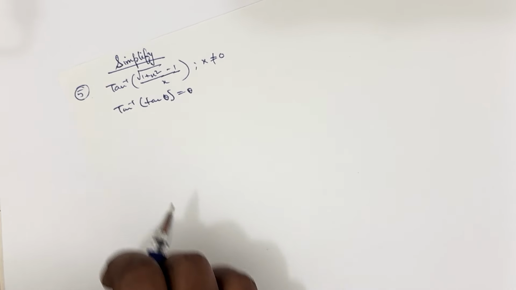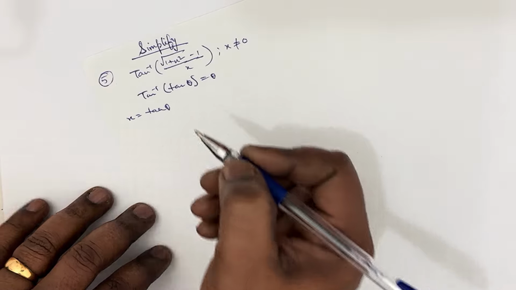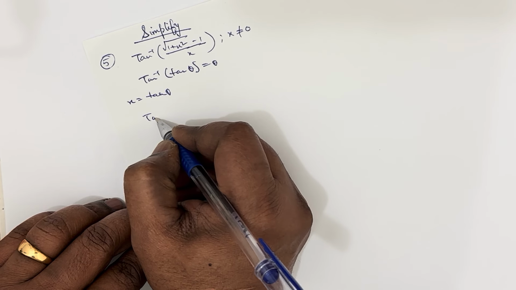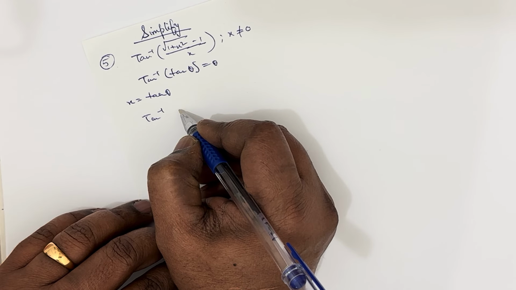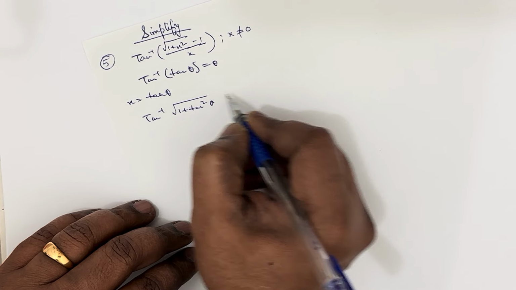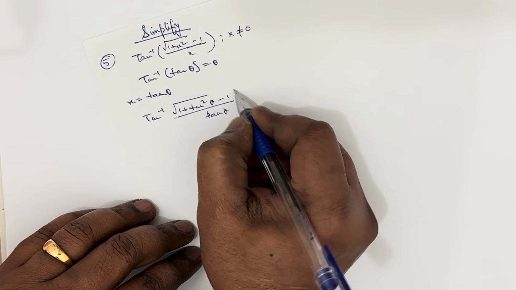So for that, let's take x is equal to tan theta. We can write this as tan inverse of the whole root of 1 plus tan square theta, minus 1, the whole divided by tan theta.